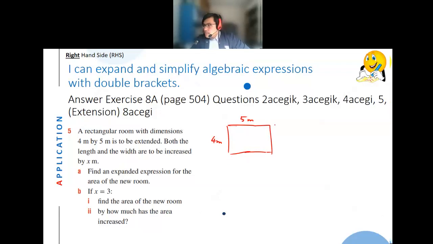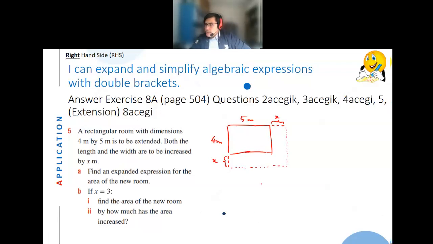So I'm just going to draw using a dashed line here. Here is x meters, and also down here, that is also x meters. So the room is going to be extended until here.